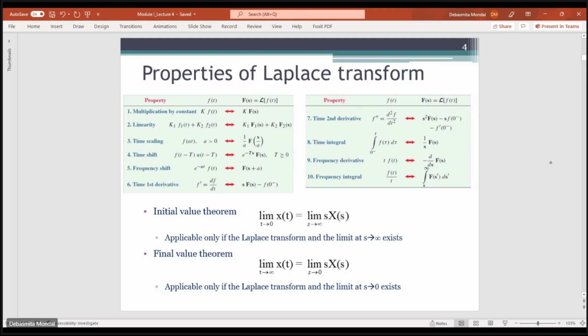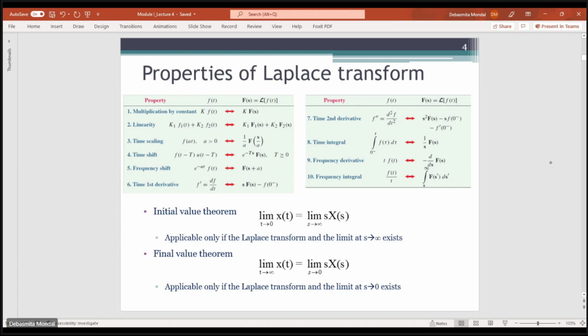So the Laplace transform of k f(t) equals k F(s). The Laplace transform is linear, so it satisfies the superposition theorem. If you have k1 f1(t) plus k2 f2(t), then in the Laplace domain it will be k1 F1(s) plus k2 F2(s).